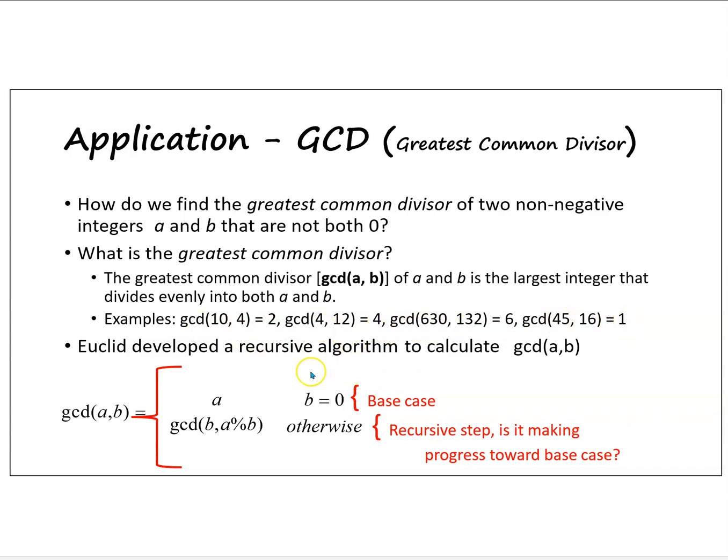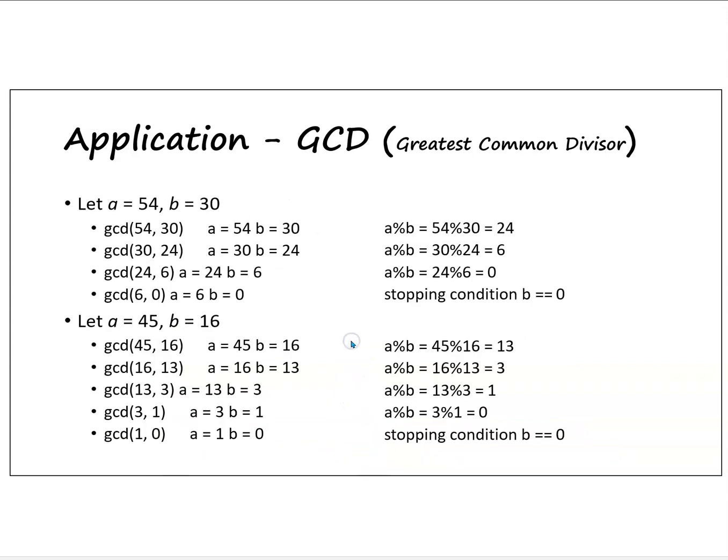Euclid developed a recursive algorithm to calculate the GCD of a and b. The base case is: if b equals 0, the result is a. Otherwise, return GCD of b and a mod b. And this makes us move towards our base case.